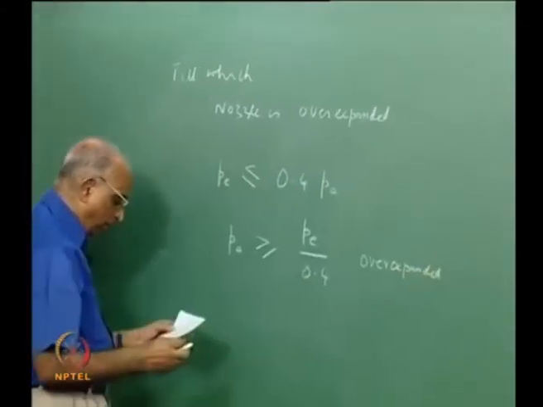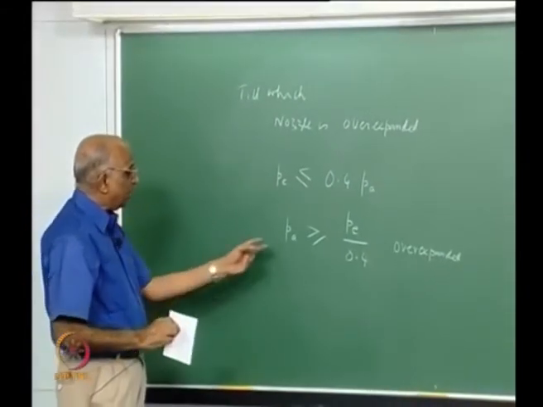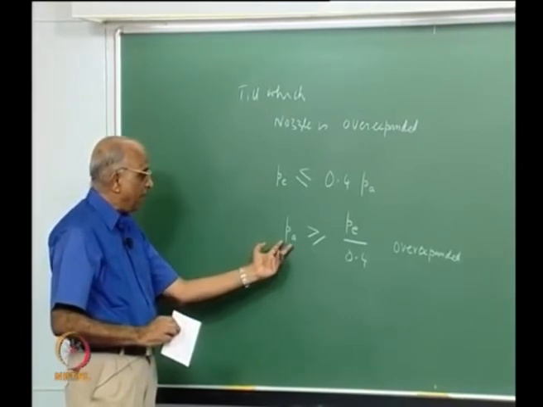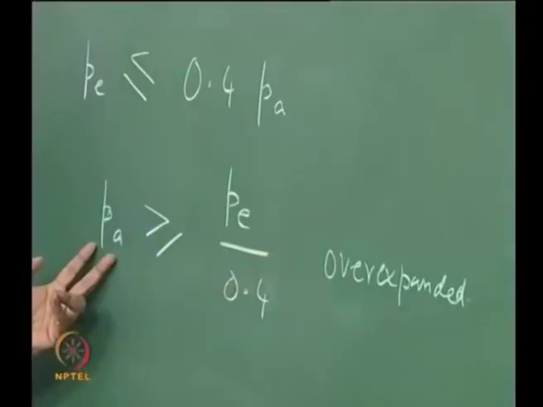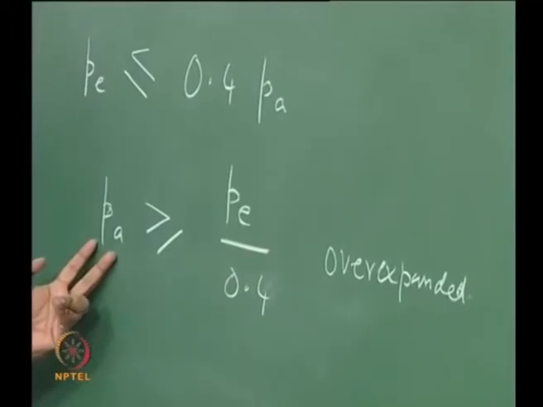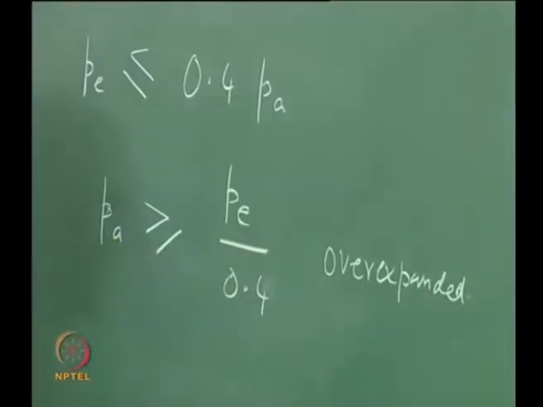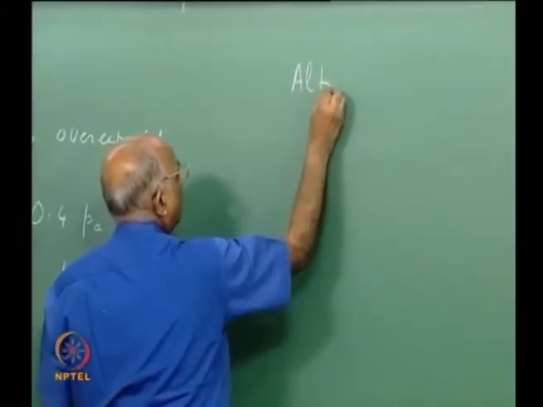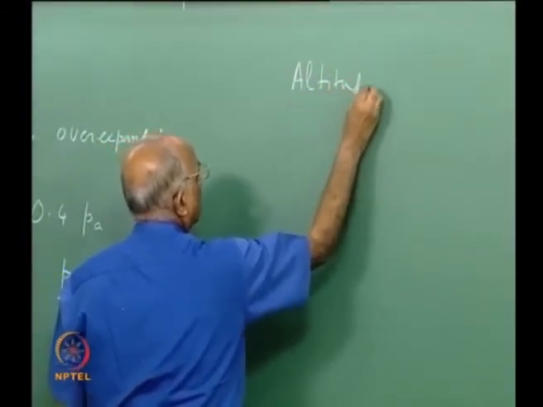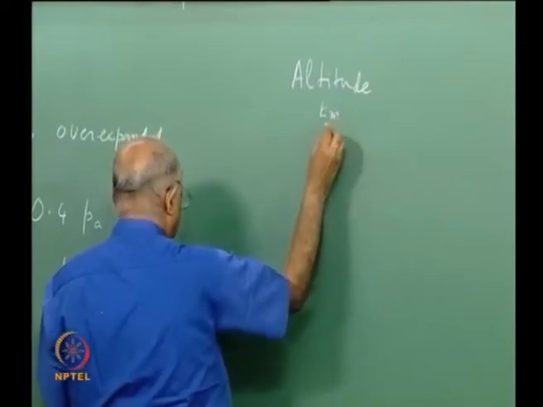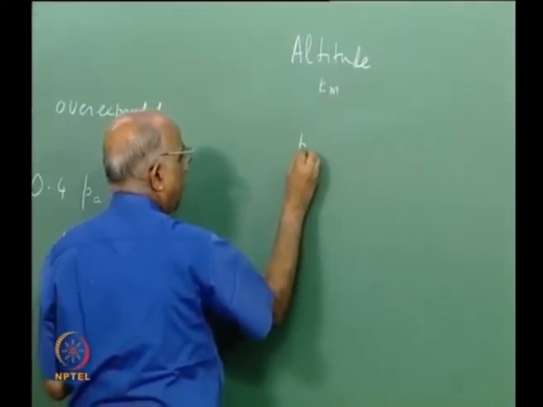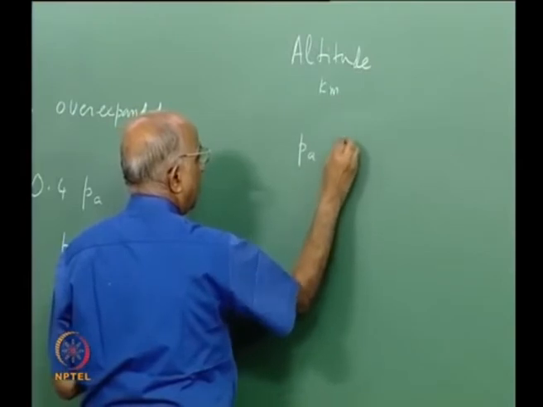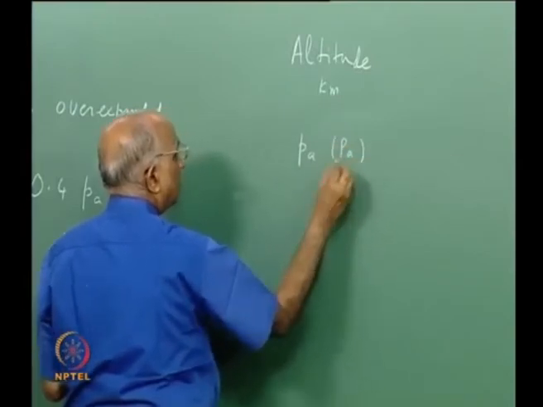Therefore, let us do this problem now. Let us examine the changes in the ambient pressure with respect to altitude. Let me plot the table again for the specific altitudes of interest. Let us make a table of altitude in kilometer and the ambient pressure Pa at this particular altitude in Pascal.